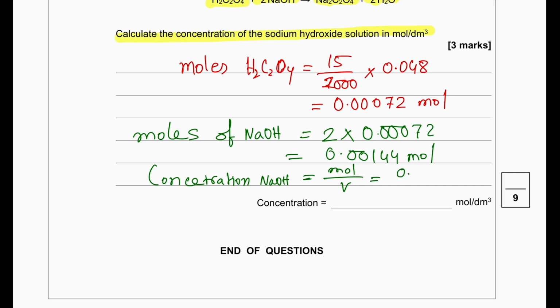So the moles is 0.00144 and we will divide by the volume, which is 25. The 25 will be divided by 1000 so that we can get it in dm cube. So our final answer from this process is 0.056576 mole per dm cube.